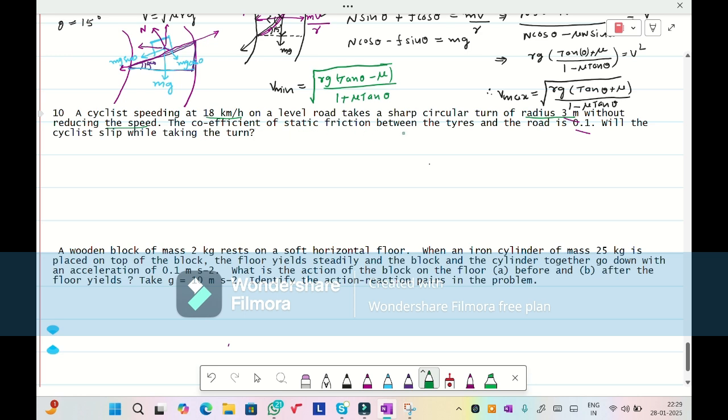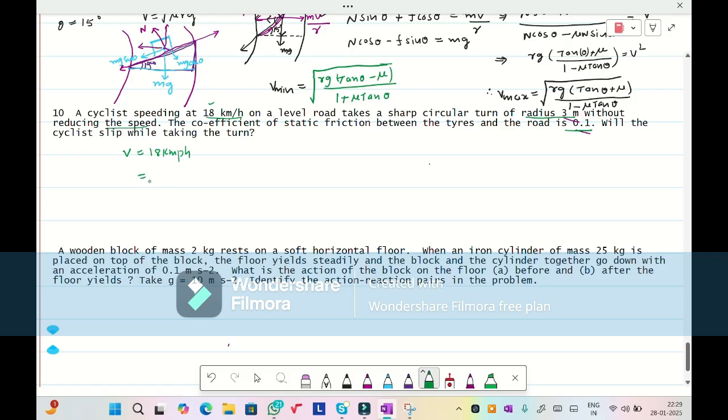The coefficient of static friction between the tires and road is 0.1. Does the cyclist slip while taking the turn, yes or no? You have to check. So how much speed is he coming with near the turn? The speed is 18 km per hour.